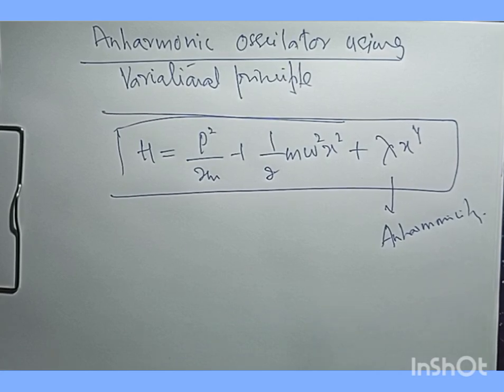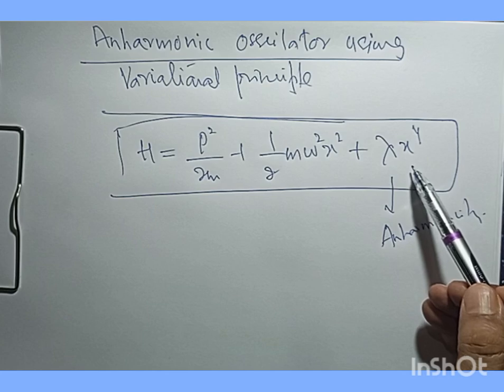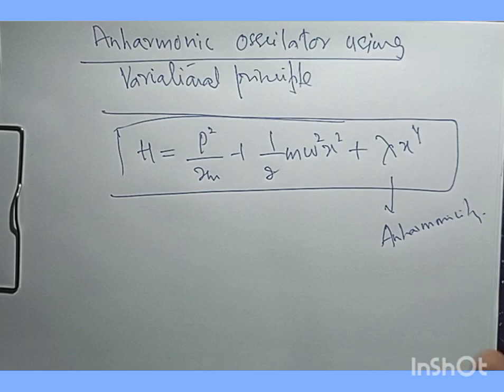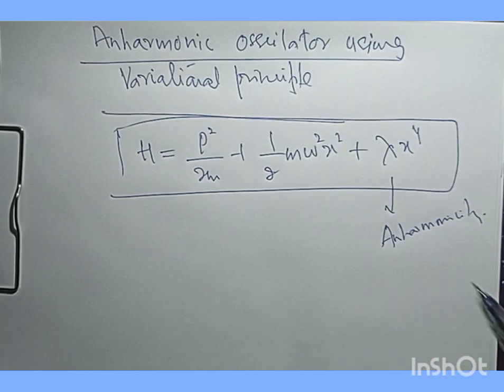The challenge is the presence of this x to the power of 4 term, which makes the Schrödinger equation practically unsolvable analytically, and this is where the variational principle comes into action.